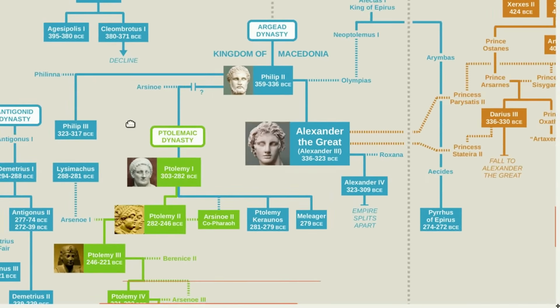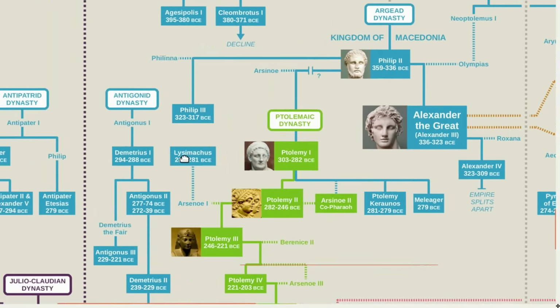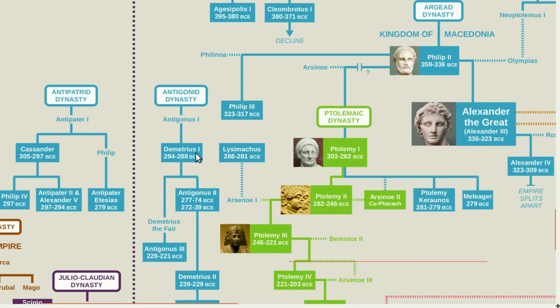The real power after Alexander the Great's death rested with his generals, who became known as the Diadochi, meaning successors. One of the earlier conflicts in the Wars of the Diadochi was between Alexander the Great's mother, Olympias, and a general named Cassander, who was serving as regent.